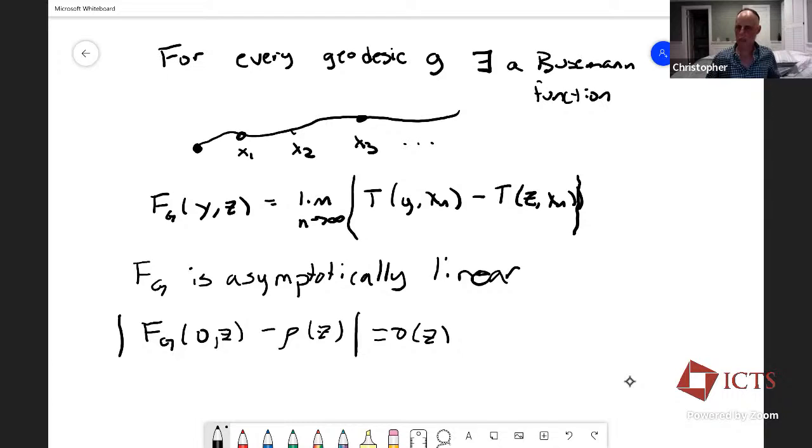This is a result of Daniel Ahlberg and myself: for every realization of first passage percolation, almost every geodesic has an asymptotically linear Busemann function.